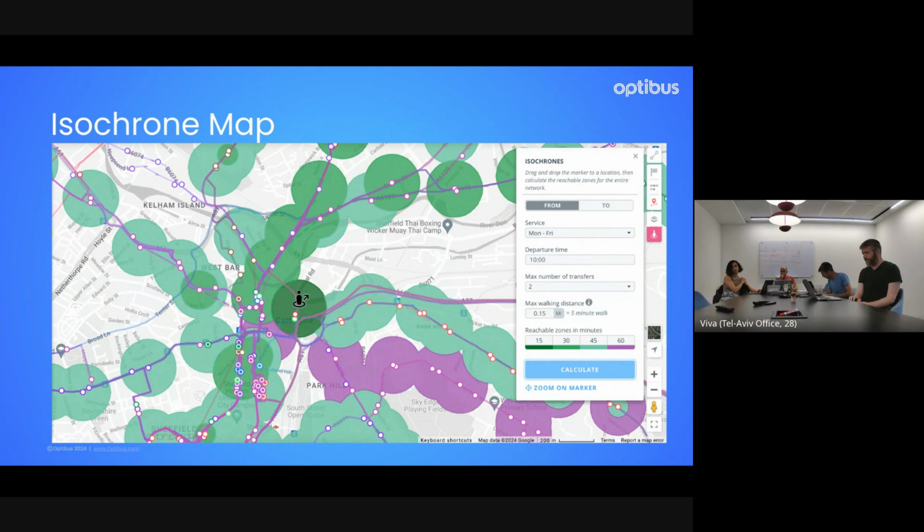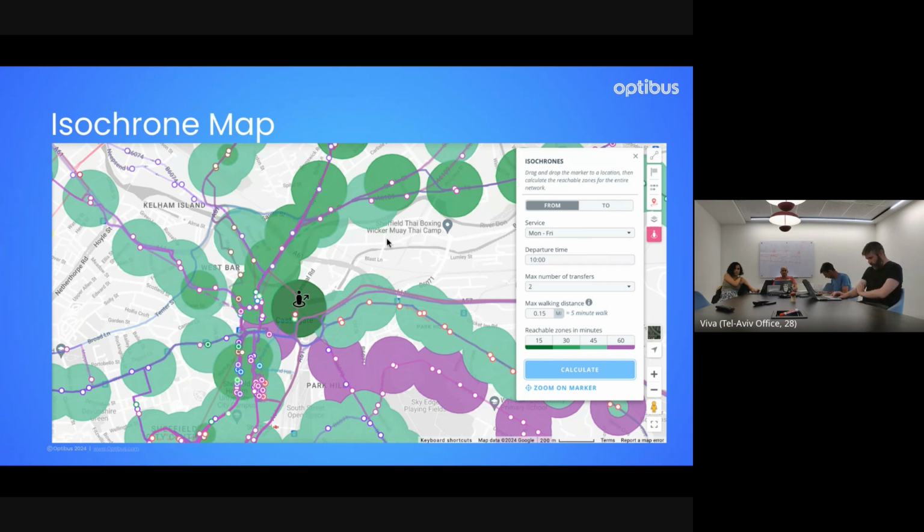Yes. Okay. And now to the next algorithm. We have the isochron map. So what is the isochron map? We have our network of many routes, many trips, we know the times of the trips and so on, and we also have the stops catalog. We have the entire, what we call time plane, the entire network of public transportation.